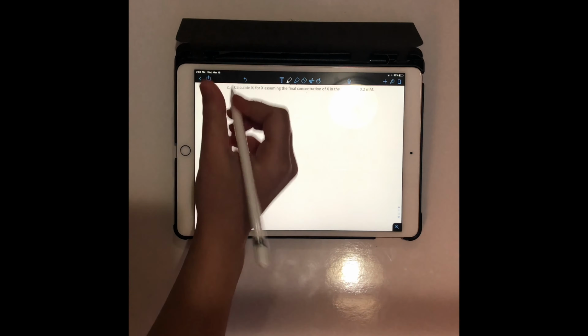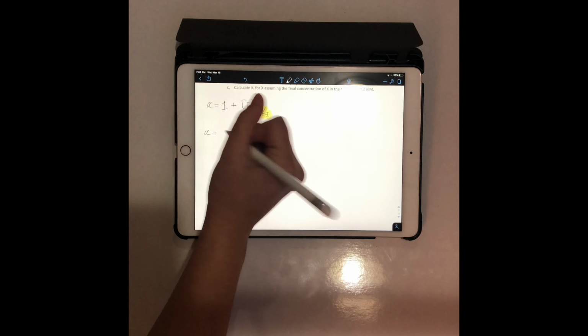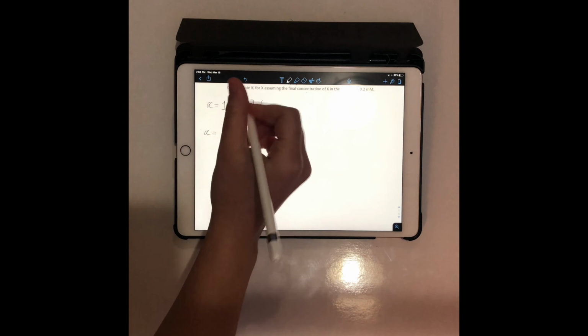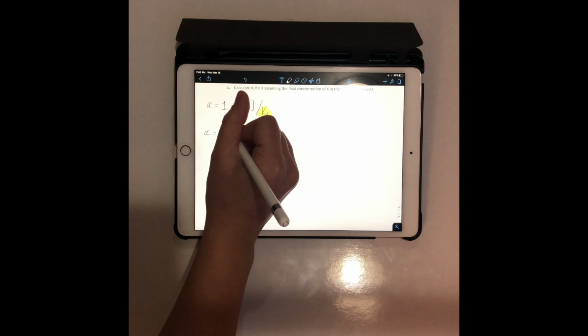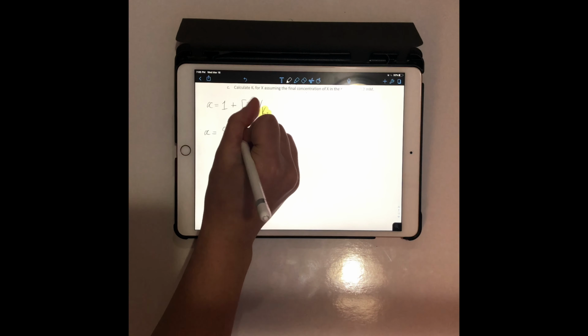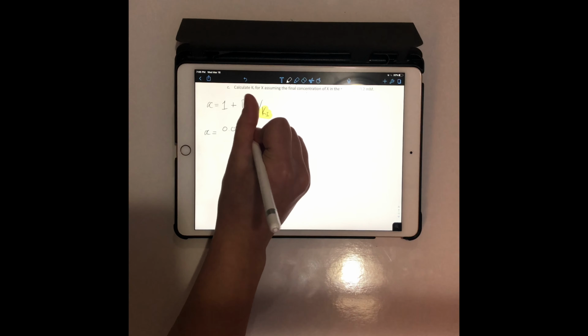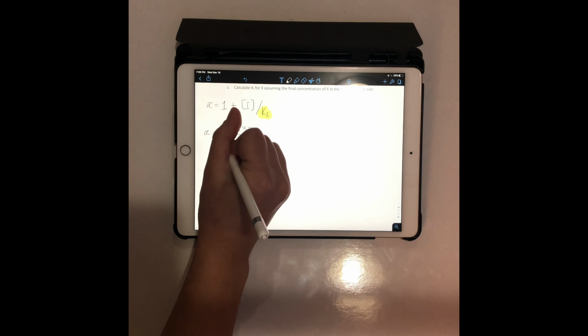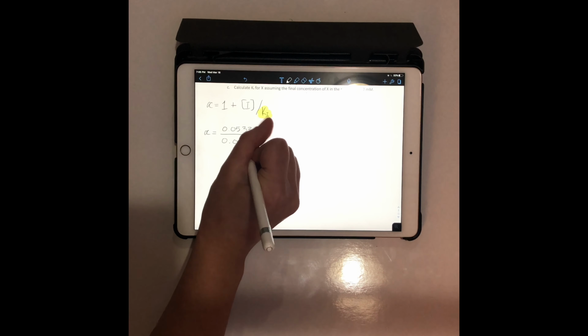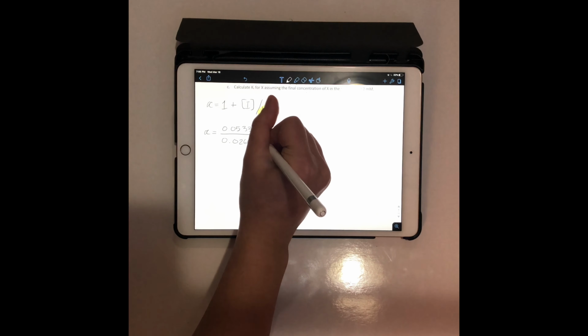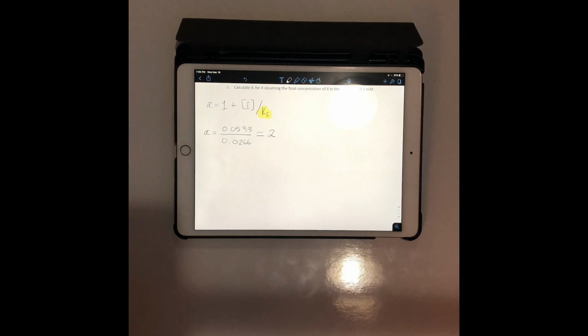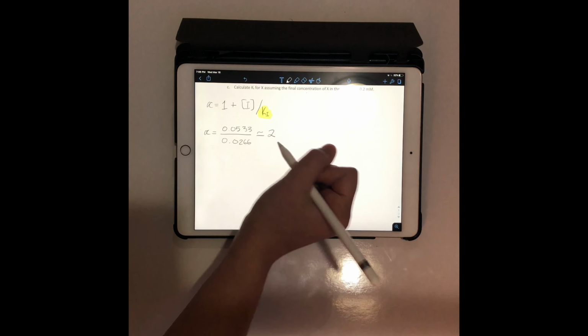So we also know that alpha you can calculate by getting the fraction of the slopes. All right, so if we take our first slope from our Lineweaver-Burk plot, 0.0533 divided by 0.0266, we will get a value approximately 2. Okay, you can also do this with exact values, but I will just approximate for now.